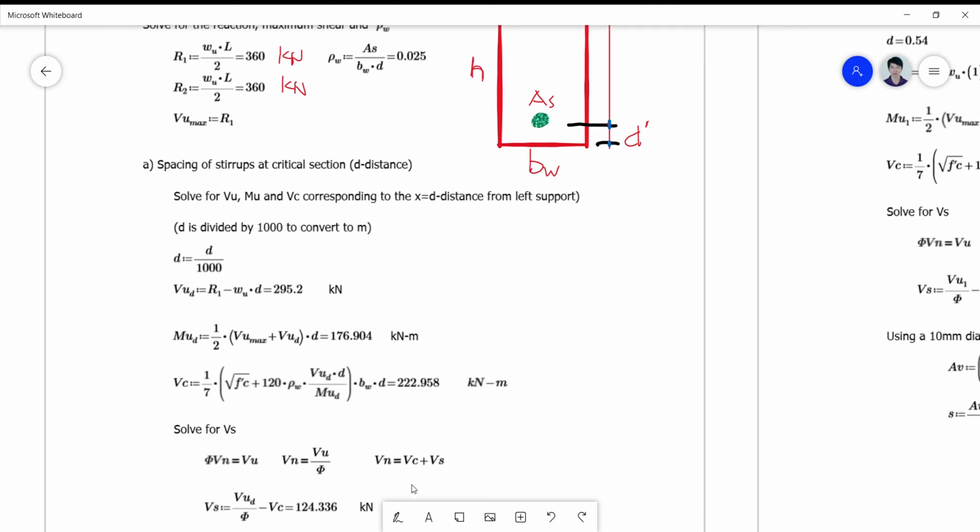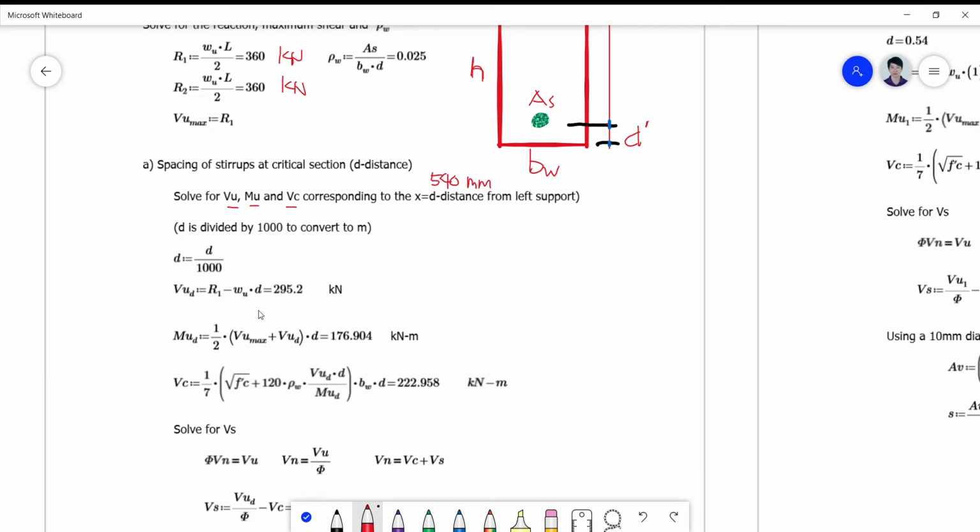Here, the dimension D is given in the problem to be 540 millimeter, in which we convert the unit of millimeter to meter by simply dividing D by 1000. This is to give consistency in the units we will be arriving at on our computation for VU, MU, and VC.